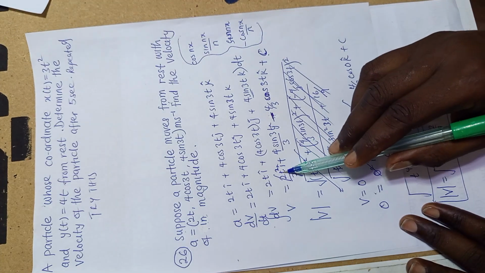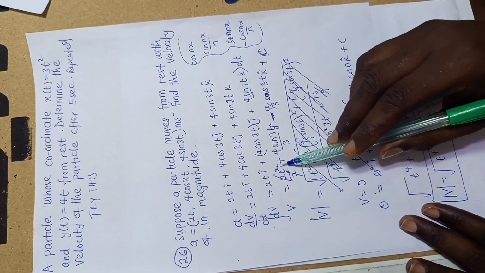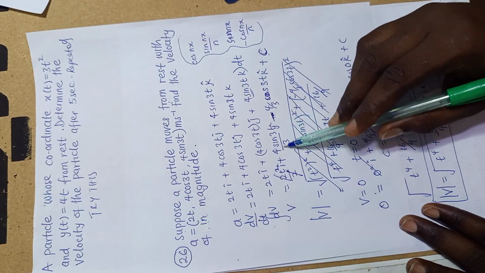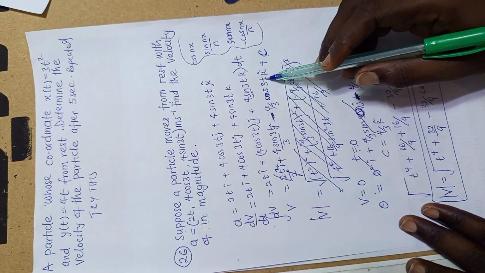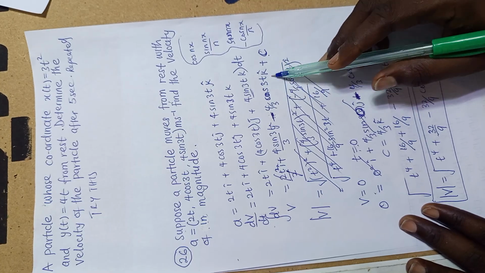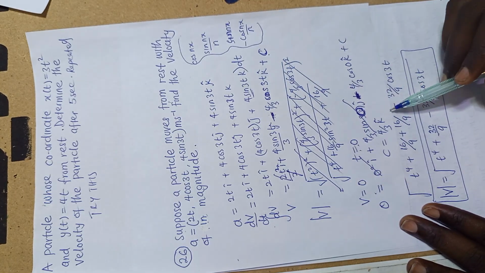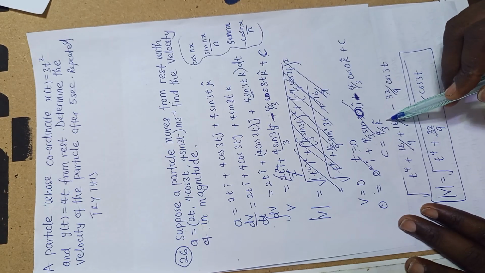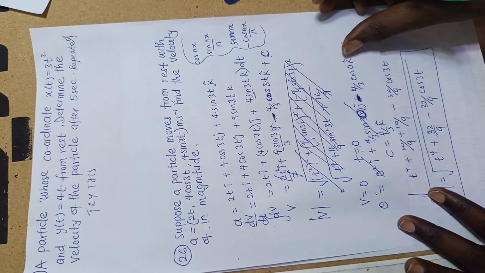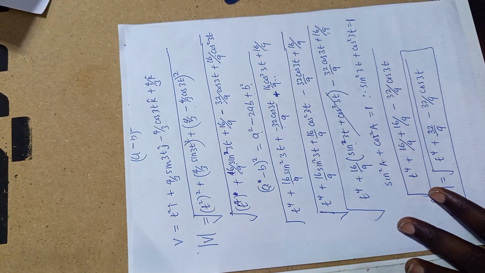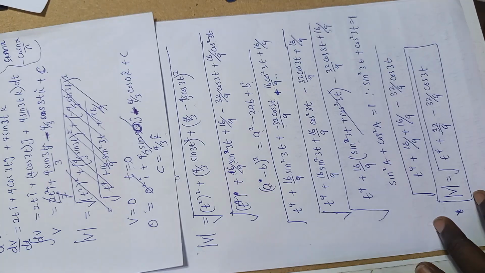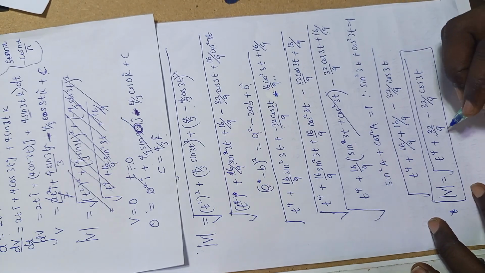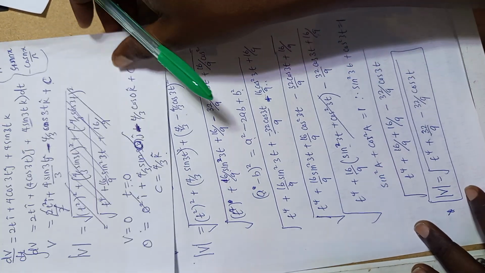So when you put it in this format, t square i plus 4 sine 3t over 3 j minus 4 over 3 cos 3t k is what? Your C. If you do it, you are going to have our constant C to be this. Having done that, this will be our answer, so you can check your option for that.